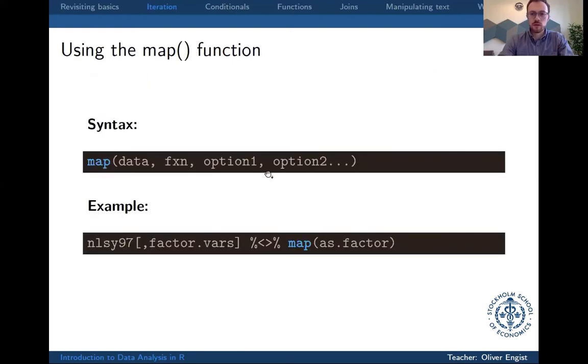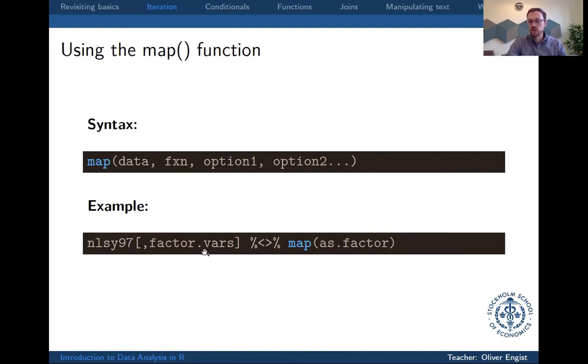So the way you use map is you give map the data that you would like to apply the function to. You give it the function, and then you have some additional options that you can specify. But most importantly, you need to give the arguments data and the function that you would like to apply to it. So in an example here, we subset all the variables that we would like to have turned into factor variables.